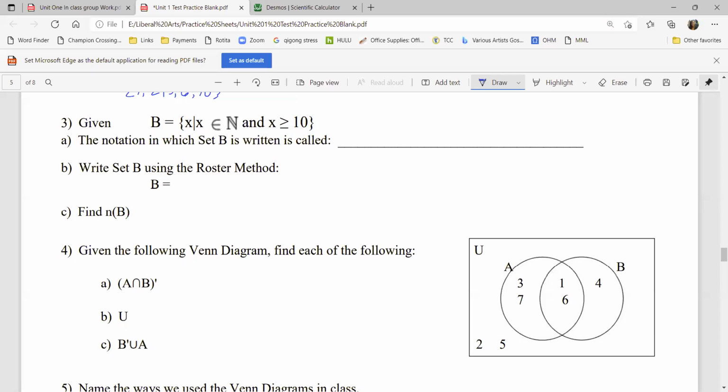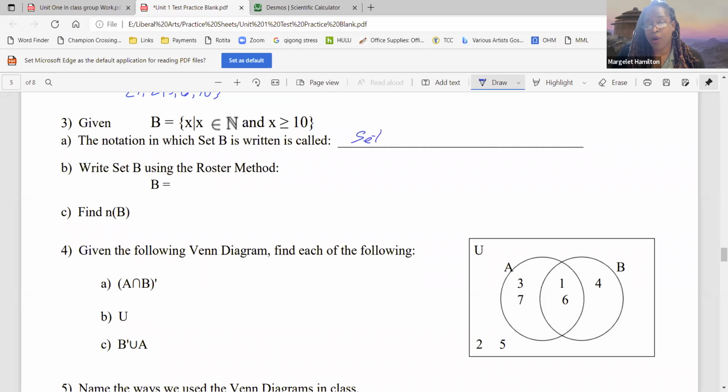Set notation. Okay, almost. You're close. I'm with the set part. The other part starts with a B. Is it the set builder notation? There you go. You're close. I think if you saw it on a test and there was an option, you would have picked it out.